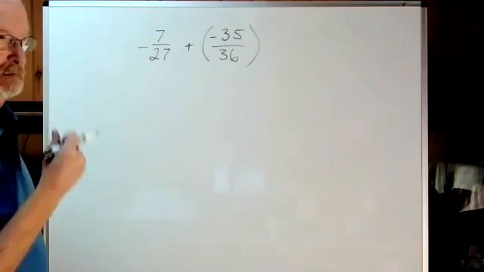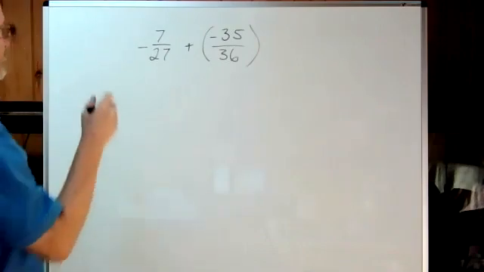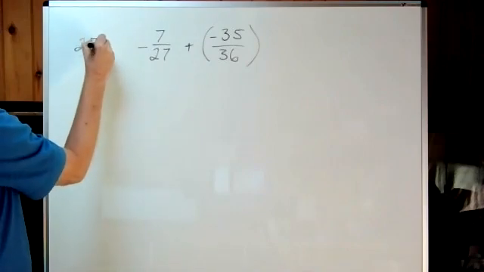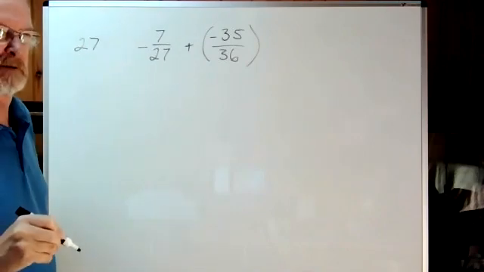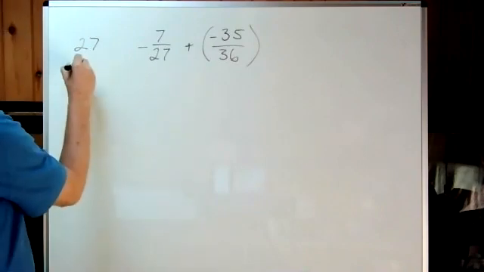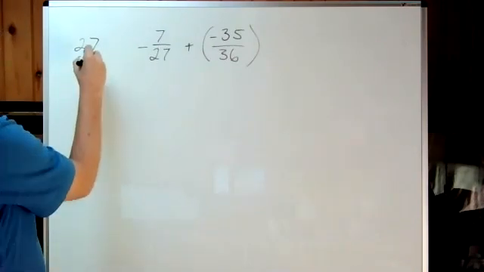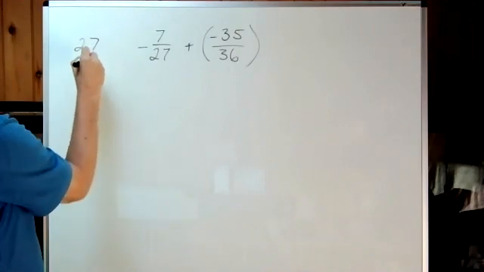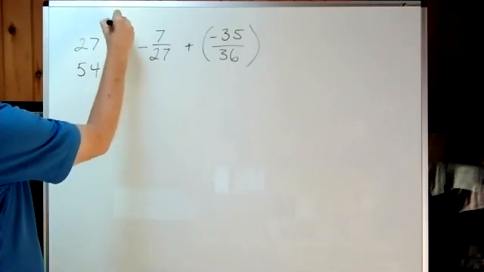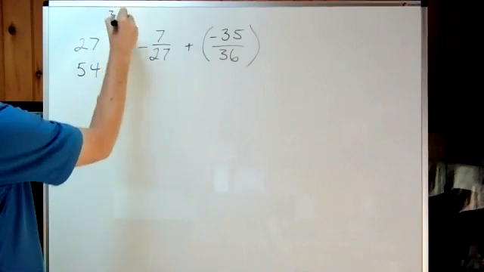This worries me a little. I'm going to run out of it. I have to get my calculator perhaps. But 1 times 27, 2 times 27 is 54. 3 times 27 would be, I've got to do it here just to be safe, 81.